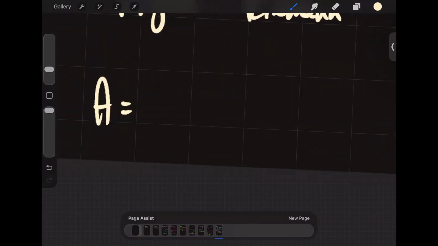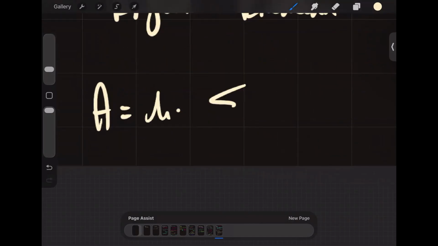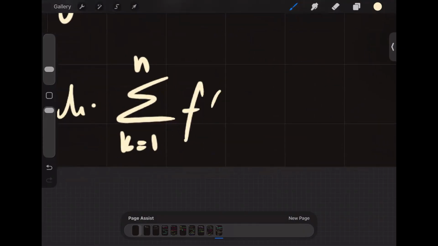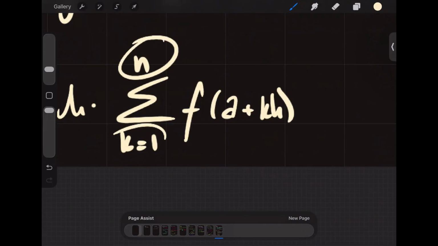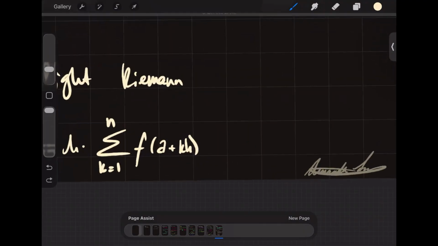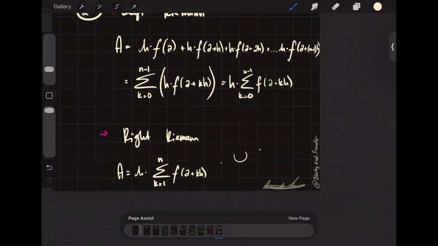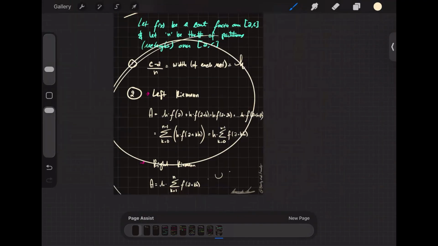So instead you have h times the sum of k equals 1 all the way up to n of f of a plus still kh. The only difference is here. And that's it. Yeah, that's it. That's Riemann sums.